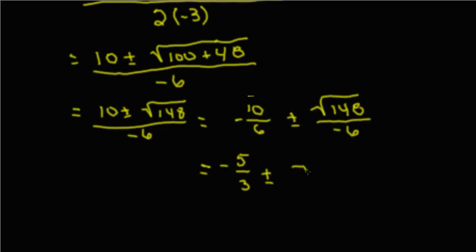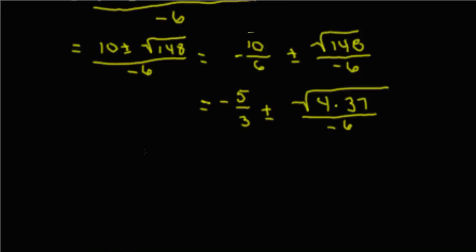Now, the square root of 148, you've got 2, and you can divide that by 4, it looks like. So 4 goes into 148 37 times, so it'll be 4 times 37 over negative 6. So that's a negative 5/3 plus or minus, the square root of 4 is 2.